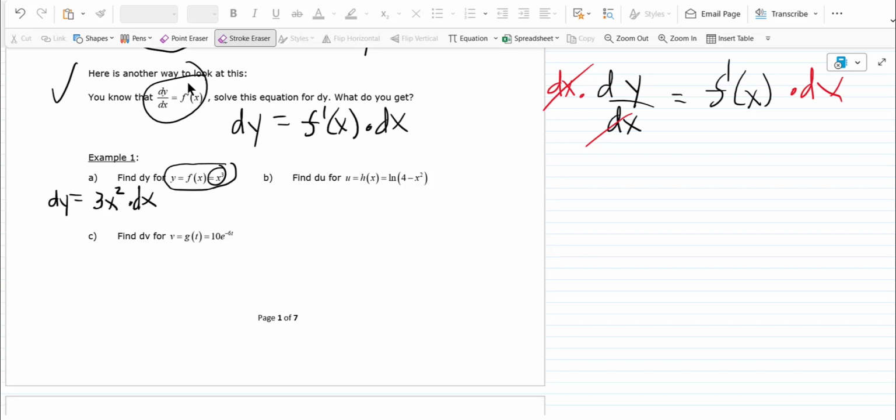That's what I taught you to do in your U substitution integrals anyway. You just got to know how these variables are going to line up. Okay, the next problem, you're given this function, and you're going to find du. So all that really means is do the derivative of this function that's solved for u. So how do you do the derivative of ln 4 minus x squared anyway? 1 over the function, then what?